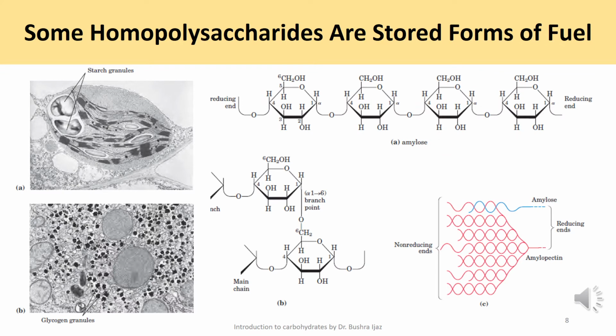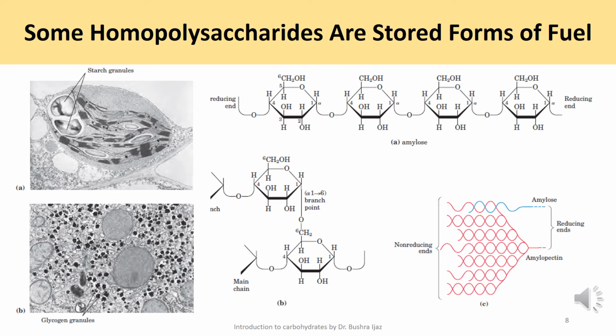The most important storage polysaccharides are starch in plants and glycogen in animal cells. Both these polysaccharides occur intracellularly as large clusters or granules, as you can see in the grayscale images A and B on the left side of your slide.